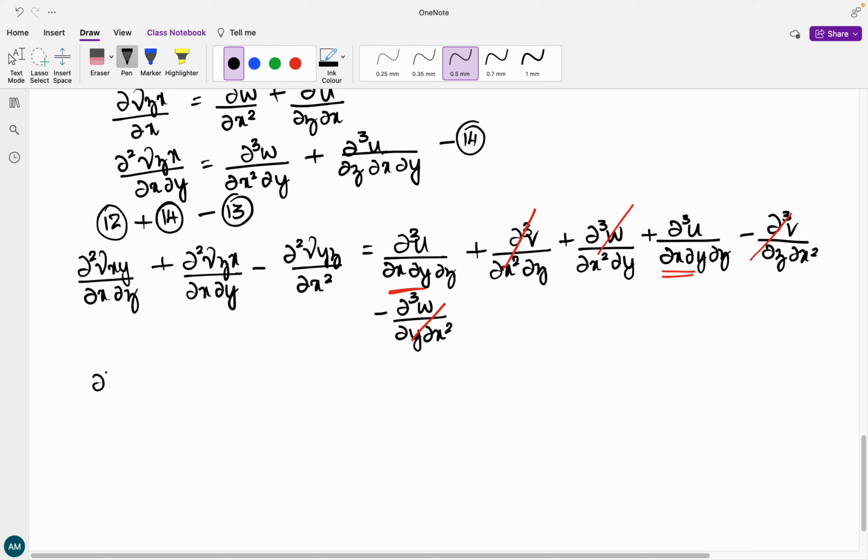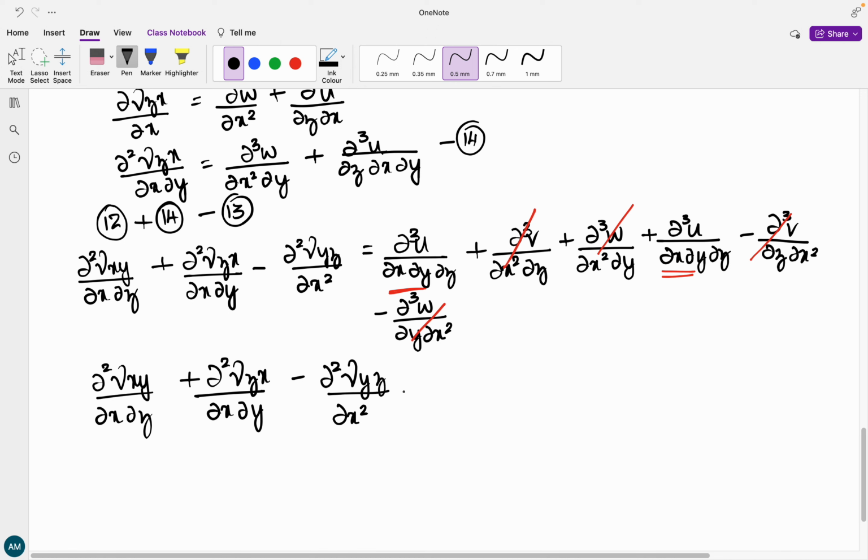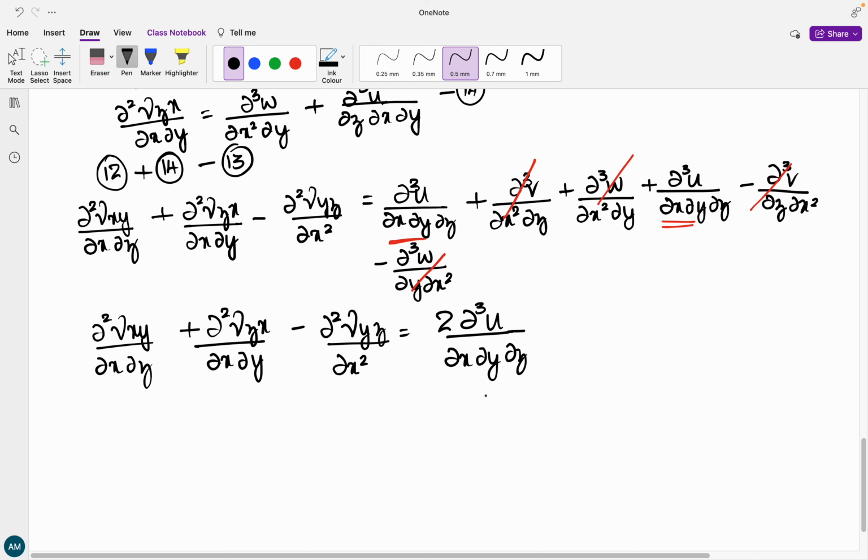I'll be left with ∂²γxy/∂x∂z plus ∂²γzx/∂x∂y minus ∂²γyz/∂x² equal to 2 times ∂³u/∂x∂y∂z.